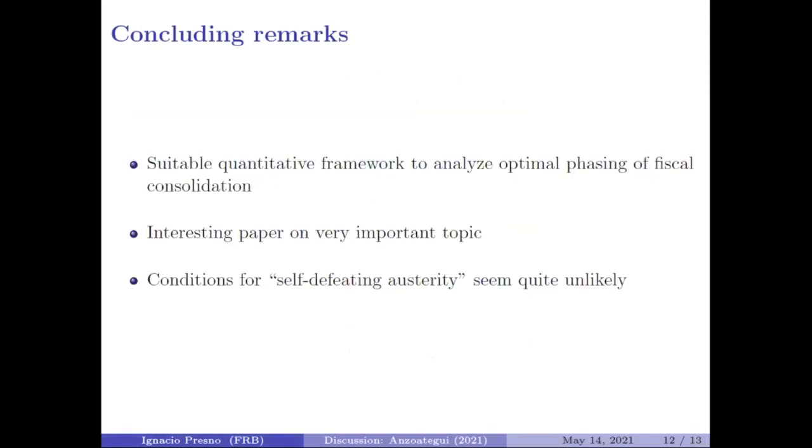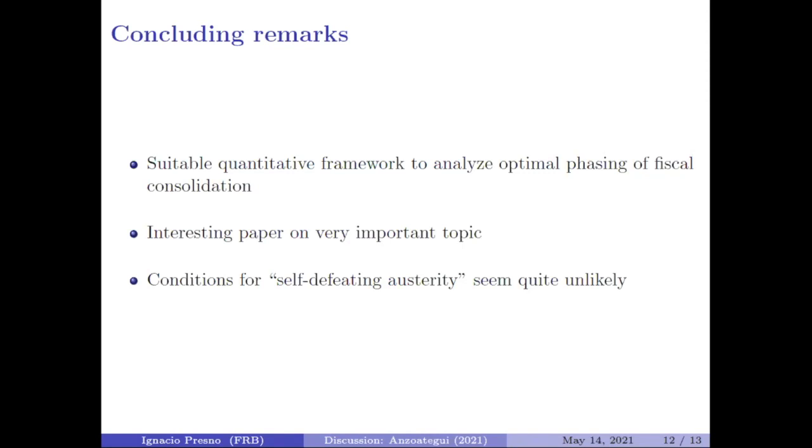Okay, so to conclude, I find this paper very interesting. It's on a very important, policy relevant topic. I have to say that the analysis is very carefully done, and I think that the quantitative framework here is suitable to analyze optimal phasing of fiscal consolidations, whether it's optimal to front load the adjustments in spending or backload them, making the adjustments more gradual.